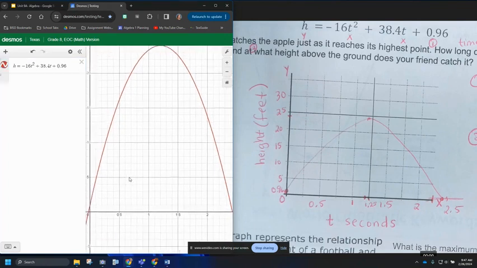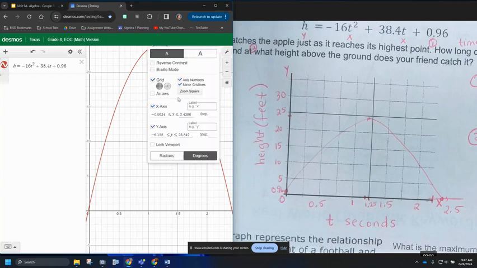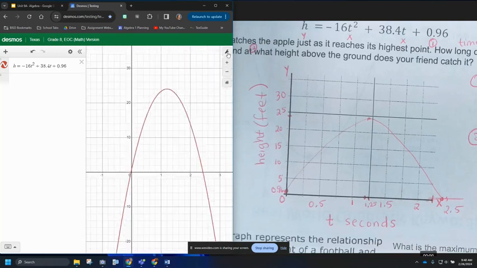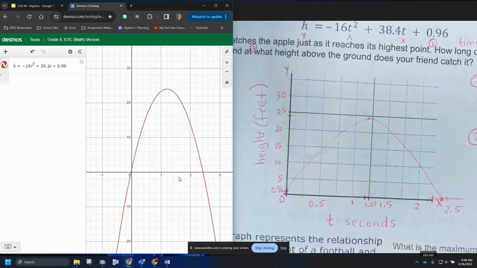Okay, it looks all right. It doesn't have to be perfect. I'm just trying to get this to match this. The way that I made it look a little better was changing my X and Y axis. Anytime you move this around or zoom in, zoom out, it's going to change what these values are. But you can always go back and change it.